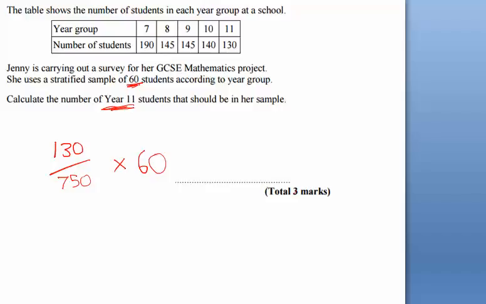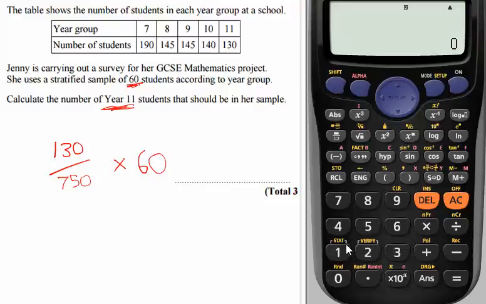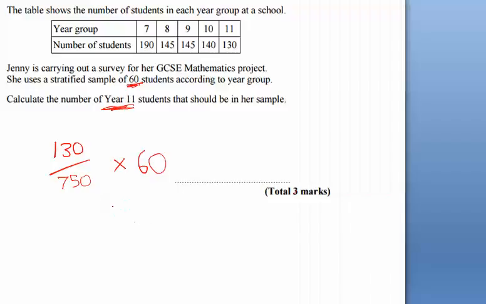So I'll go back to my calculator. 130 divided by 750 and times by 60, which gives me 10.4. Now, can't have 10.4 students in my sample, so I round it to 10.